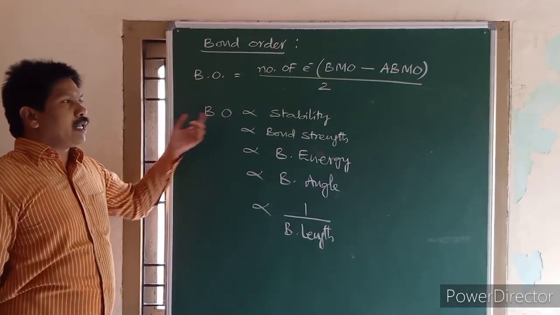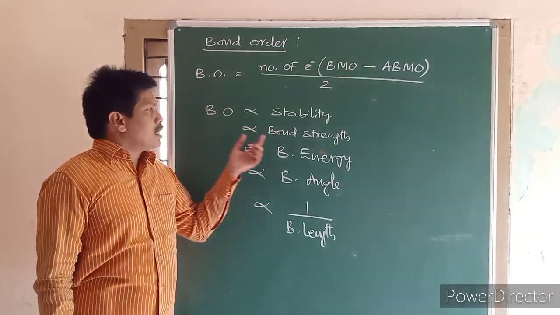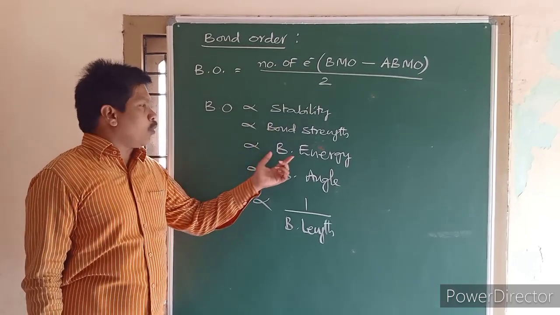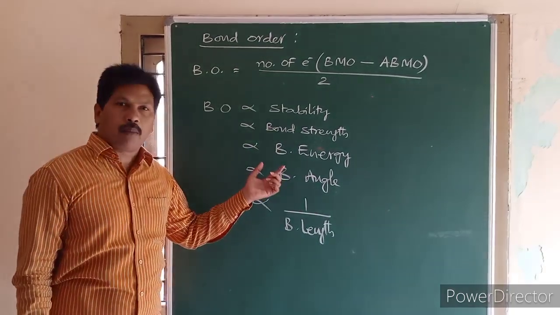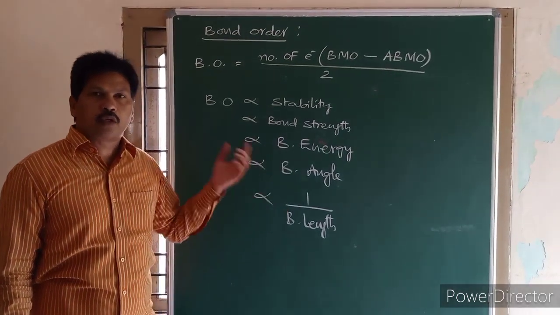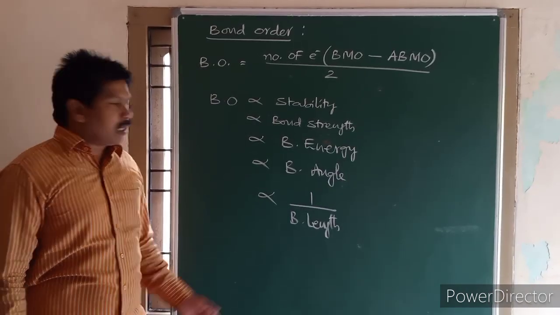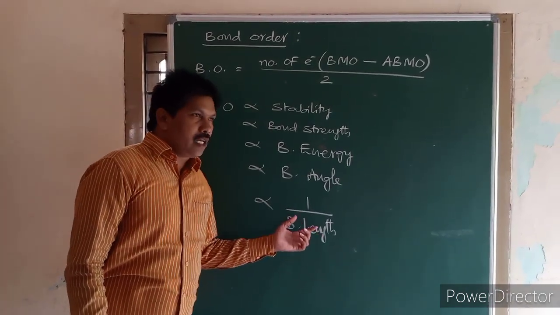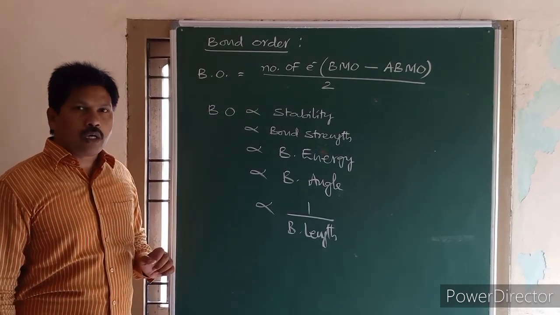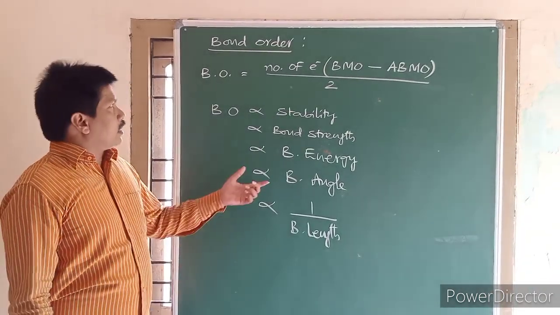Like, as bond order increases, the stability, bond strength, bond energy and bond angle of a molecule or a species also increase. But the bond length is inversely proportional to the bond order.